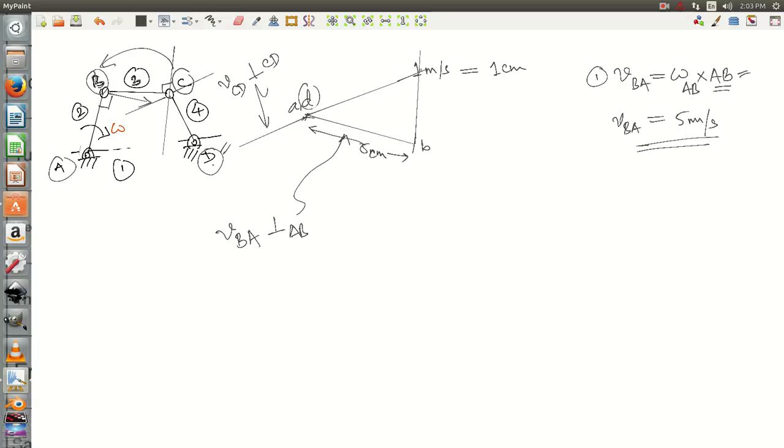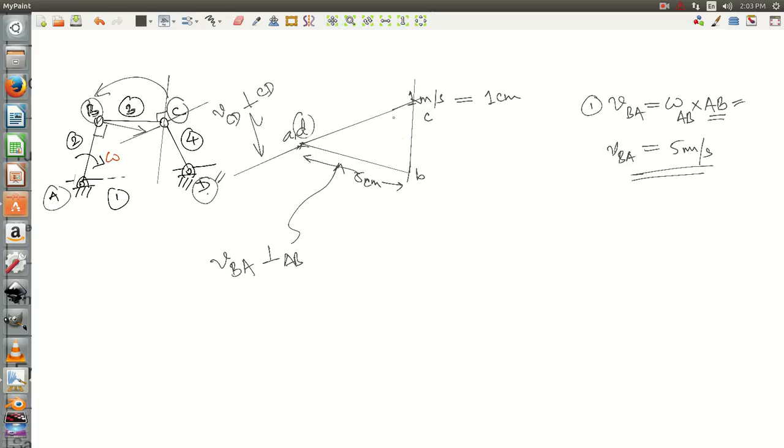It is clearly visible that the intersection of these two lines will be over here, which can be named as point C. Now this length represents the velocity of C with respect to D, whereas this direction represents the velocity of C with respect to B.